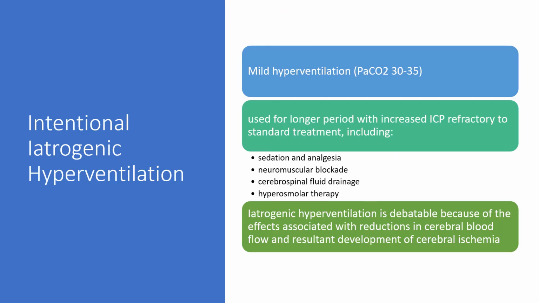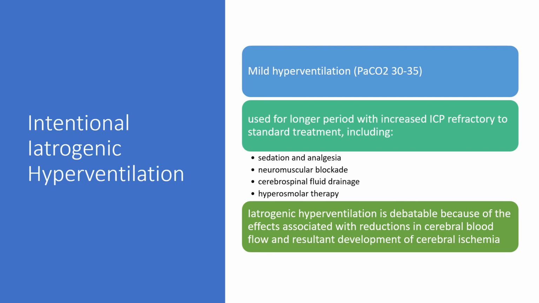What about mild hyperventilation? Okay, so if I can't do a CO2 less than 25, what about a CO2 of 30 to 35? Well, this can be used for longer periods with increased ICPs that are refractory to treatment. So this is not your first line of therapy, right? You're like, oh, hey, I can do something for my aspect.